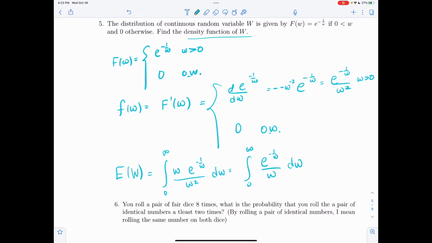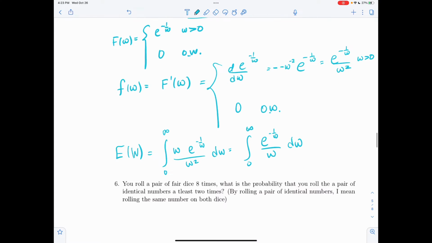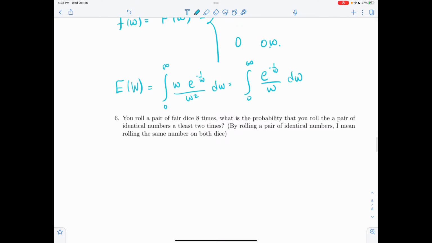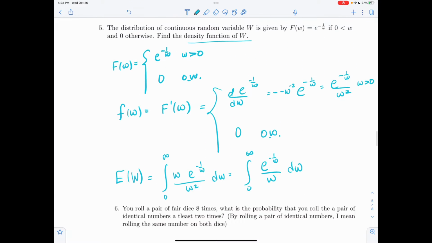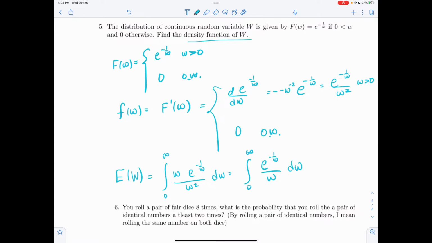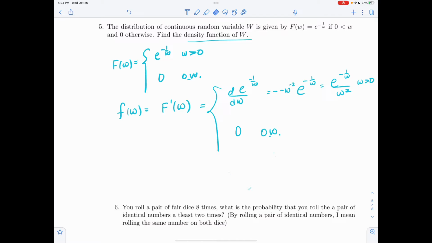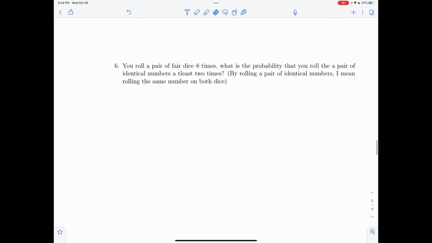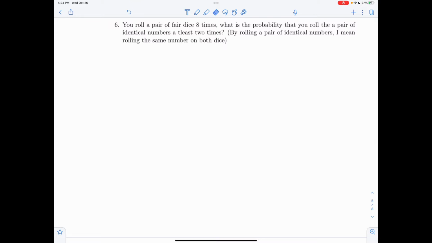That is the expected value, but you just leave it like that, or maybe you can do a change of variables, but still you won't get something that you could integrate easily or at all. Okay, but anyway, that was just a digression over here. What we're asked is just for the density.